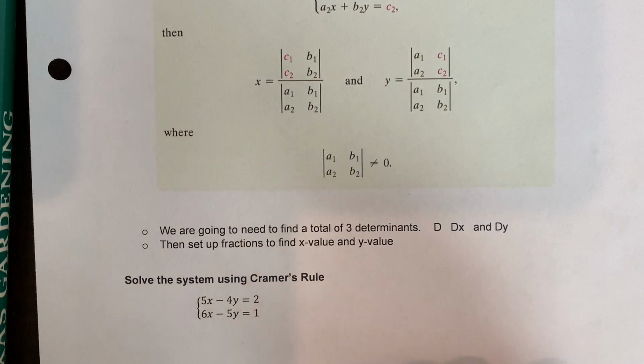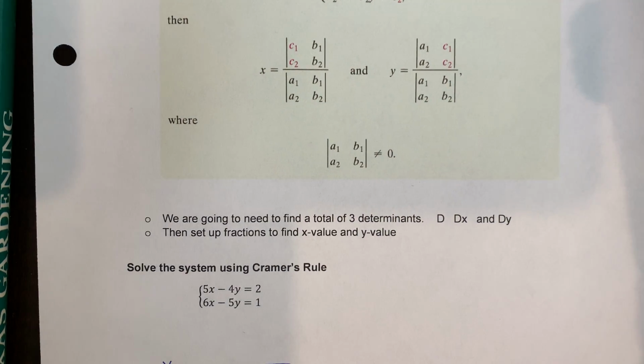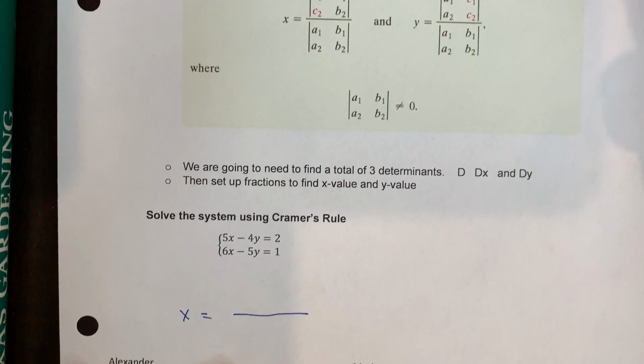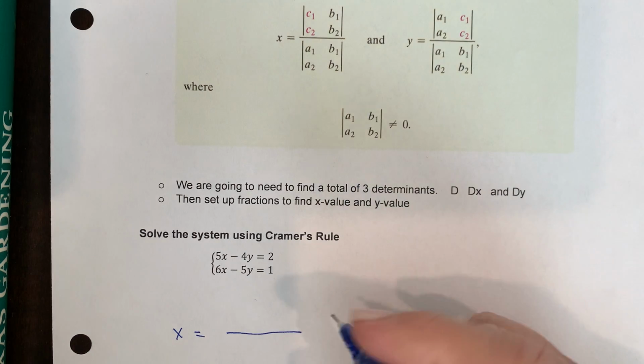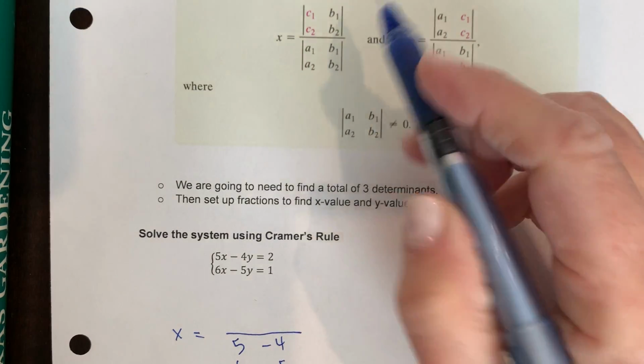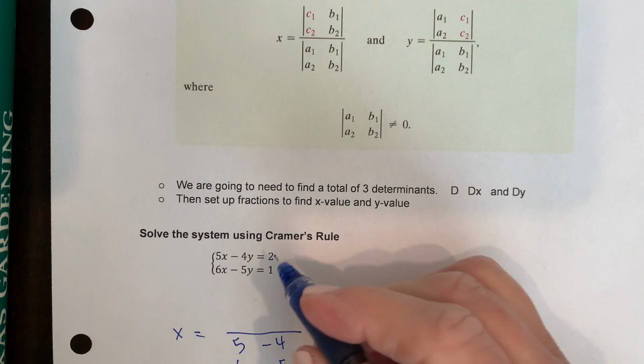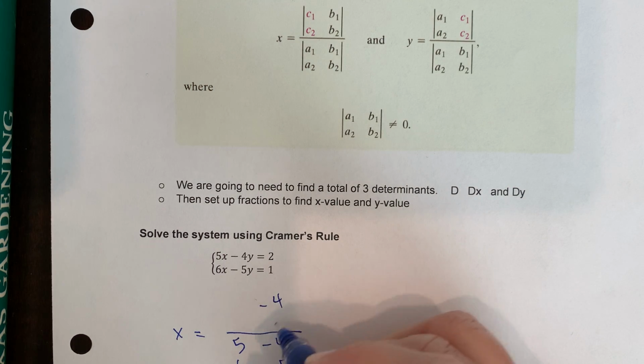So to solve for the x, there's going to be 2 giant fractions. I'm sorry for the spacing on this. I was trying to get it all on the screen at once. So we're going to put 5, negative 4, 6, negative 5. And then this B1, B2, okay, is negative 5, negative 4.